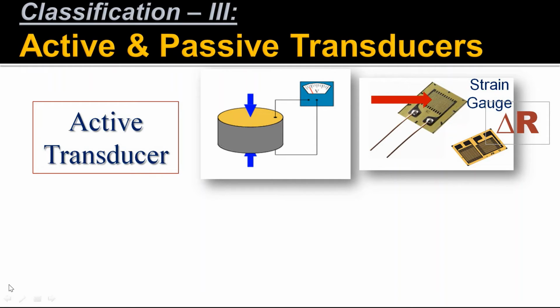For example, on pressing the piezoelectric material, the output is electric potential. Similarly, on applying mechanical pressure to a strain gauge, the output is change in the electrical resistance, which can be converted to electrical potential using a Wheatstone bridge.